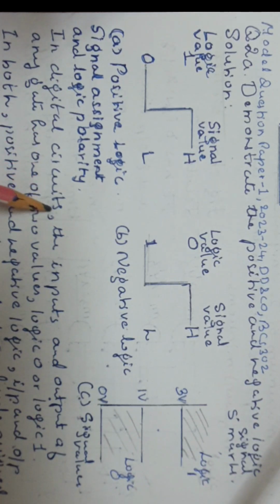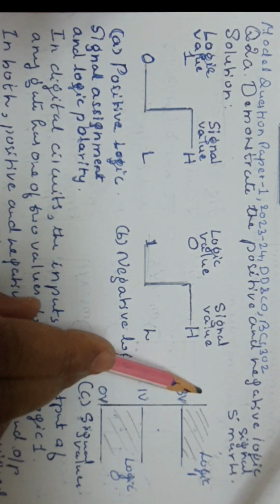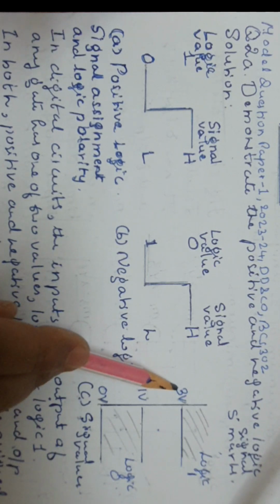And how do we state inputs and outputs? We state the inputs and outputs in the form of logic 0 or logic 1. We say that the input is at logic 0, and the output has come out to be logic 1. So we do not speak in terms of signal values like 1 volt, 0.8 volts, 3.2 volts, 5 volts or 3 volts.